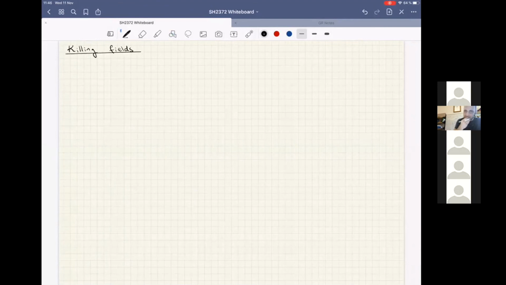Now, these are not fields that go around murdering people. It's named after a Norwegian mathematician whose last name was Killing. So the question is, what are they?